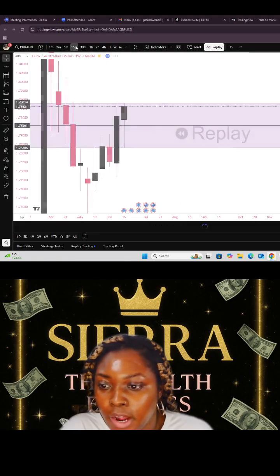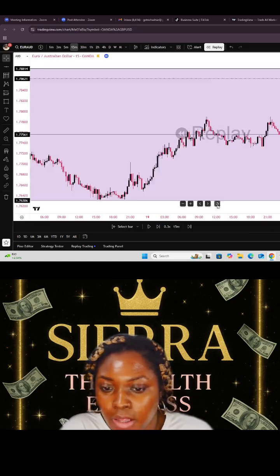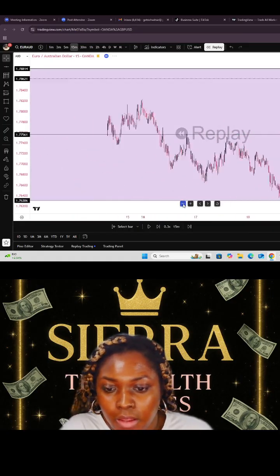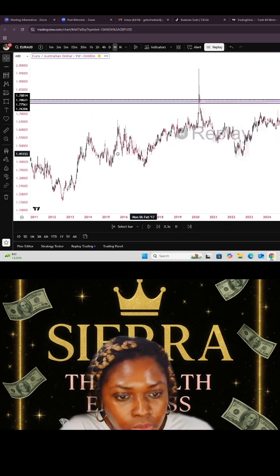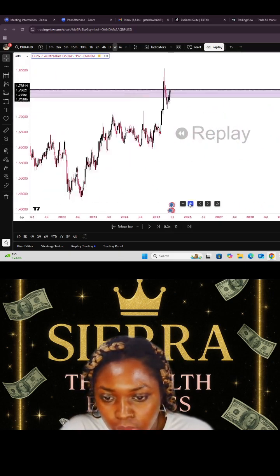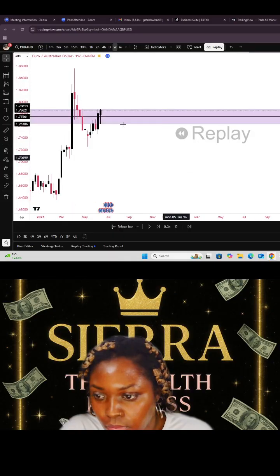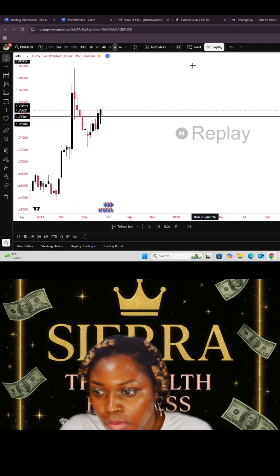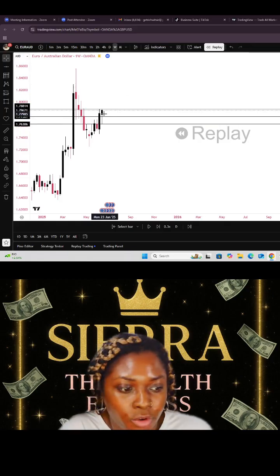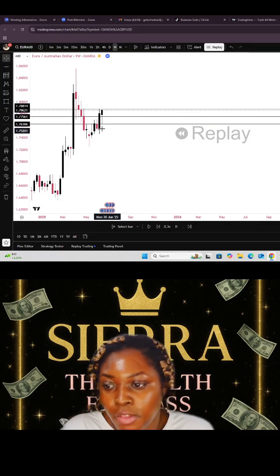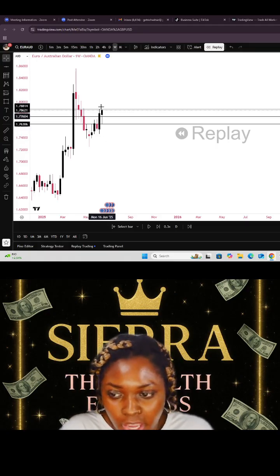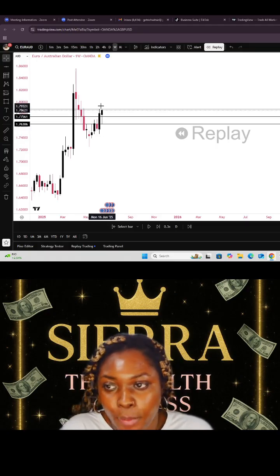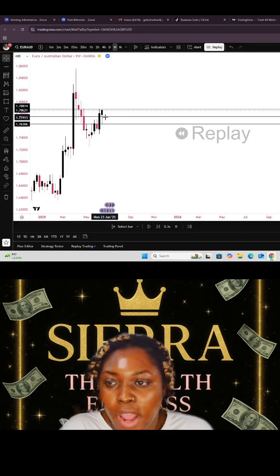All right, and now I'm going to go down to the 15-minute. Let's delete this though. All right, so I marked this week candle, right? This is before the market even opened and the next week hasn't even started. So this is the candle that we want to trade off of, and we want to trade off of these zones.